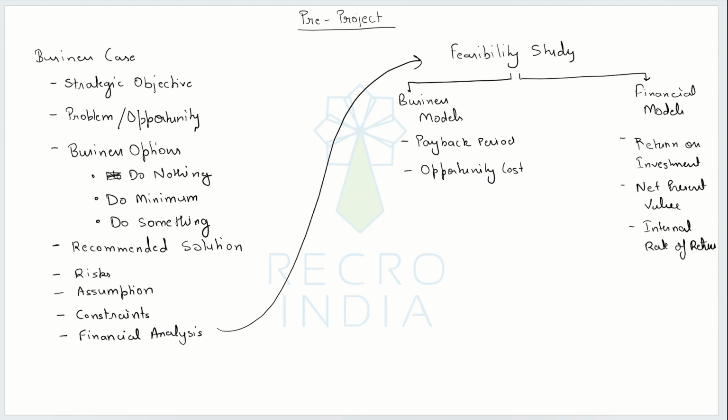For this video, we will focus on understanding payback period and opportunity cost. The remaining three models on the right, the financial models, we will discuss them in the next video.